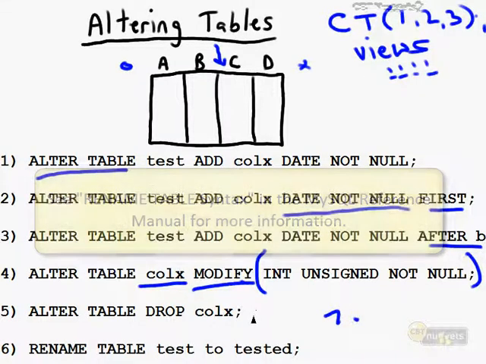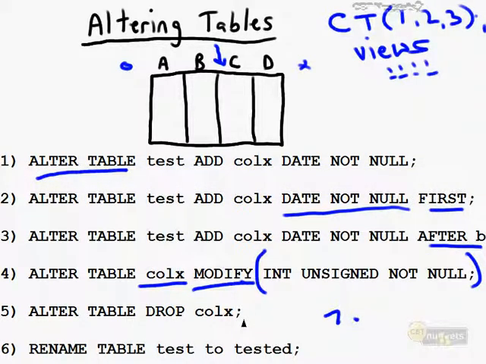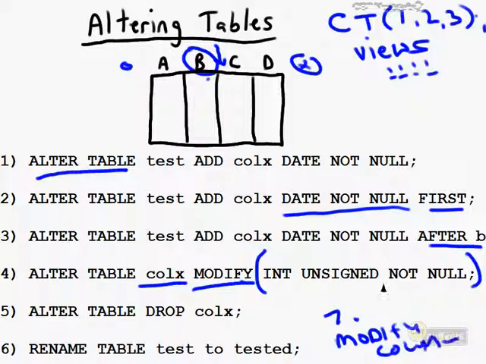The seventh example that I forgot to put on the slide that I think is really important is simply this. How do we move a column that exists already in the table and move it somewhere else? Like what if we wanted column B here to actually show up after column D? What you would do there is alter table, table name, modify column. So instead of just modify, it's modify column, and then there's the column name.